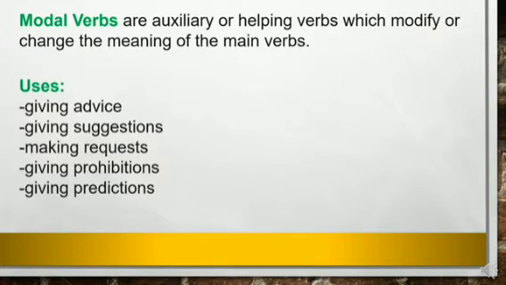Remember that modal verbs are auxiliary or helping verbs which modify or change the meaning of the main verbs. Remember how the word might changed the meaning of the sentence in the example earlier? Modal verbs have the following uses: 1.